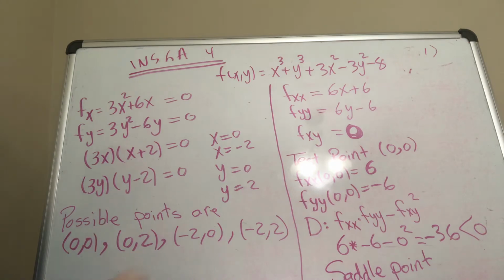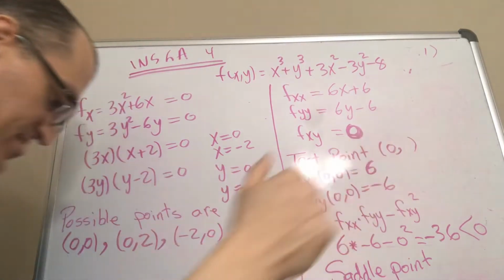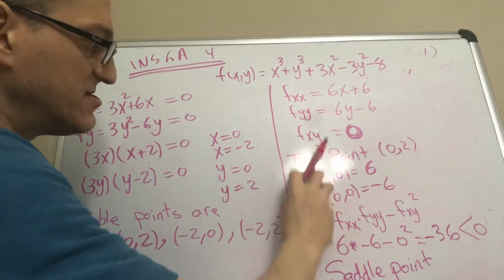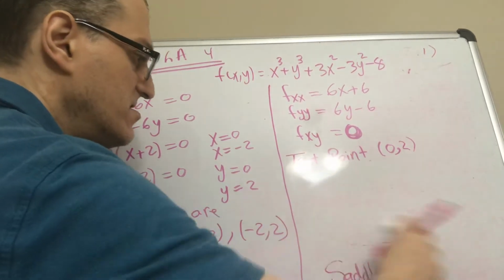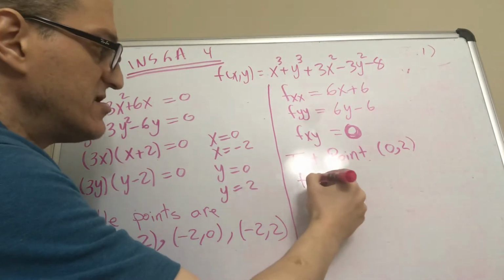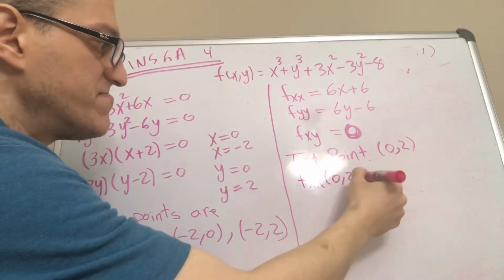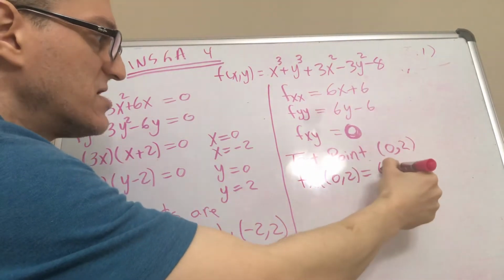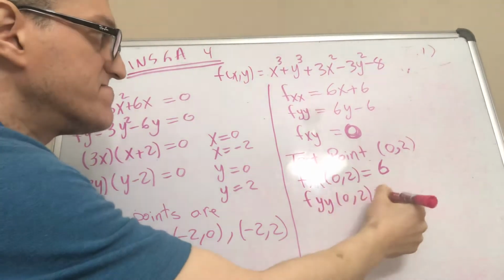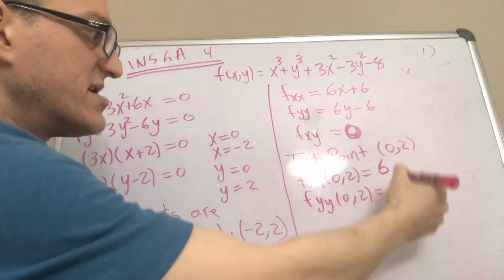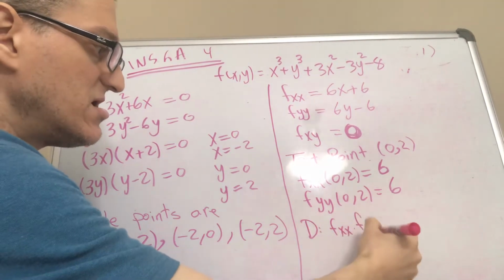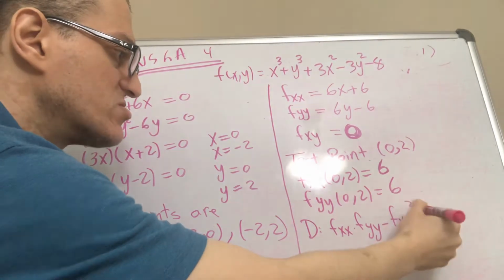So let's test (0, 2). I'm gonna test the equation at (0, 2). Same steps. Let's see if (0, 2) is a maximum or a minimum or a saddle point. You find fxx at (0, 2). At (0, 2), that would be 6. We try fyy at (0, 2). 2 here would be 12 plus 6, 18. And we try the D: fxx times fyy minus fxy squared.